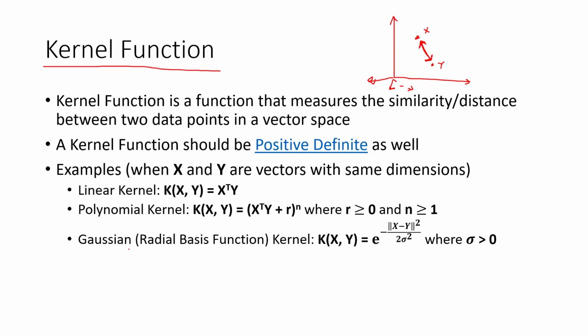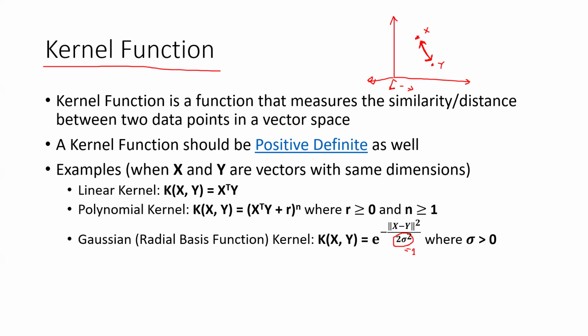And the Gaussian kernel, also known as the radial basis function, is another form of kernel function. It can be represented like this, where sigma is greater than 0. Sometimes this 2 sigma square is considered as 1 for some representations, right?